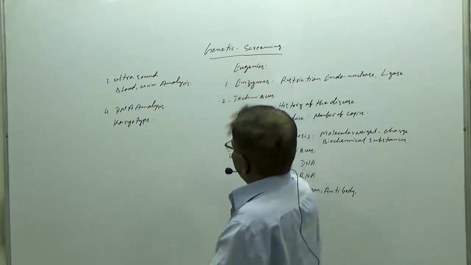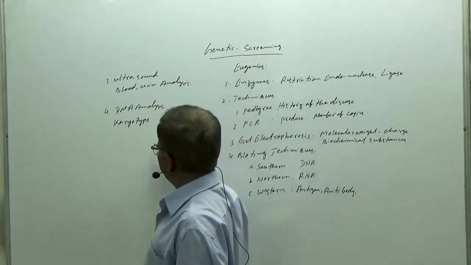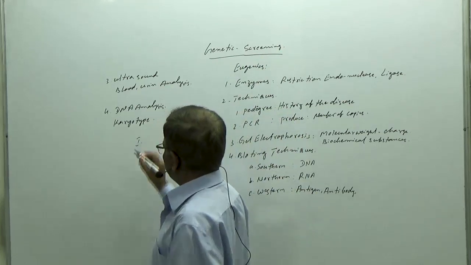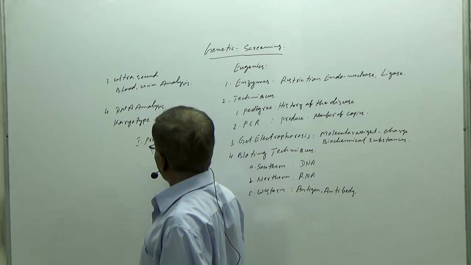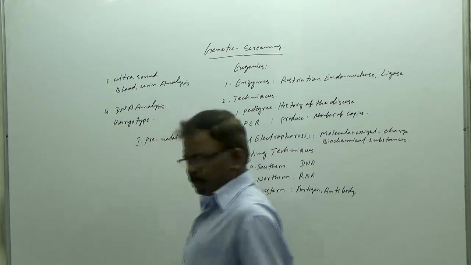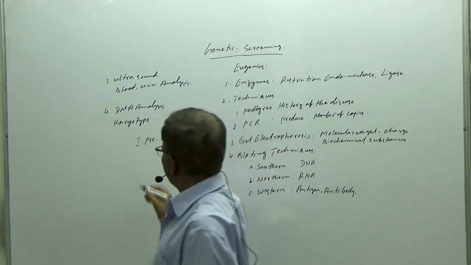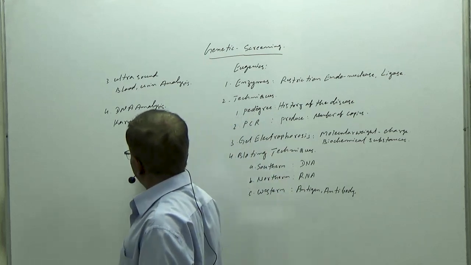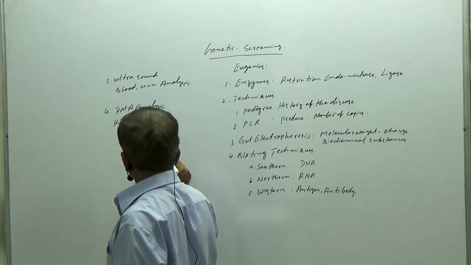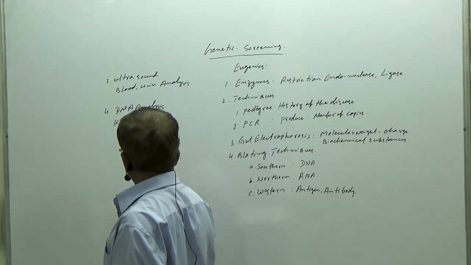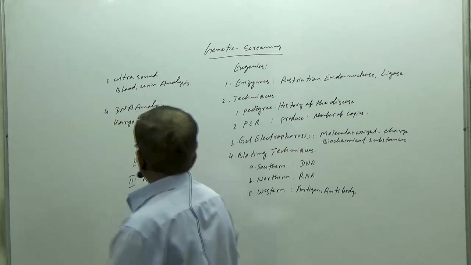At the same time, the screening takes place in 3 stages. The first one, prenatal, that means before birth itself. Then in the second stage, neonatal, immediately after birth. In the third stage, that is adult stage.